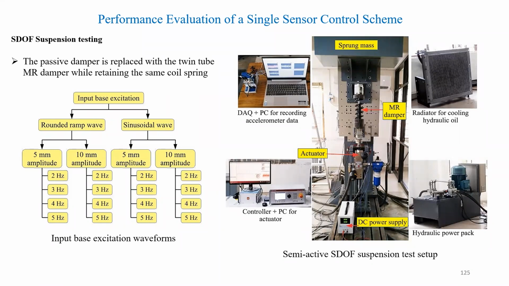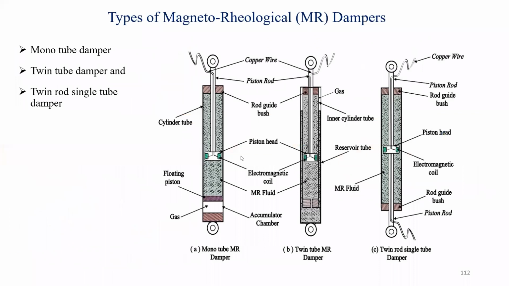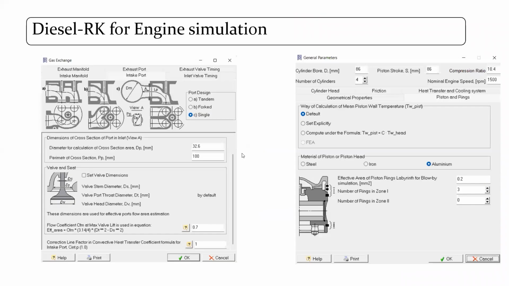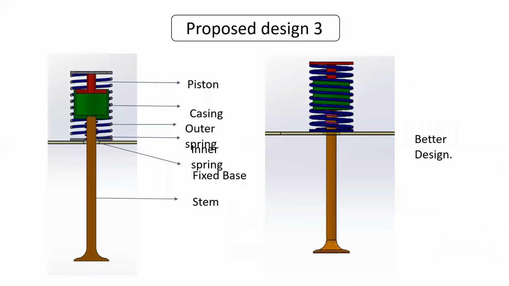This will actually move the damper in various dimensions, and we can adjust the input base excitation. Same problem. This is the input base excitation. This is the same problem mathematically. Otherwise, what we have done here is the same problem. They have done it using this.